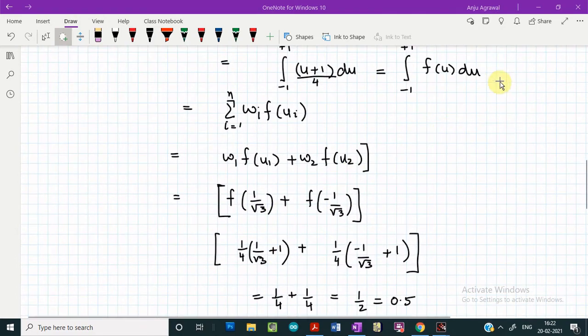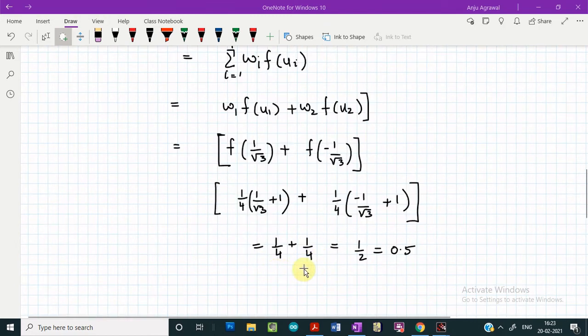Since our function is equal to (u plus 1) by 4, if we evaluate this function at the first quadrature point, this is what we get. Similarly, if we evaluate this function at the next quadrature point, -1 by square root of 3, this is what we get. And if we simplify it, we get the answer equal to 0.5.